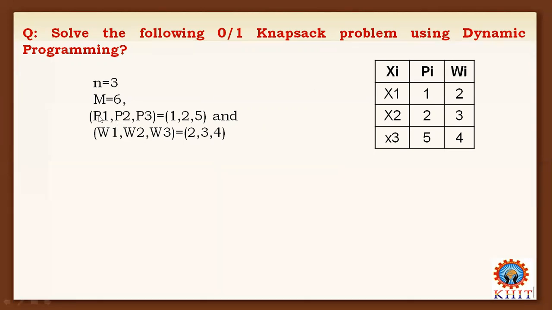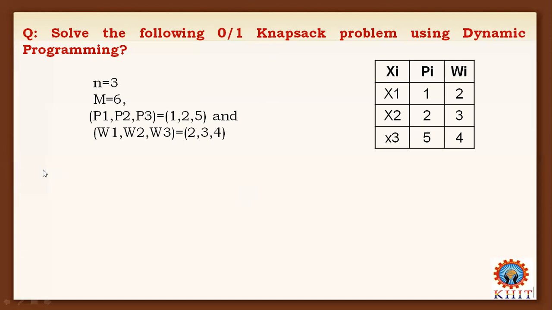P1 stands for the profit you can earn if you place item 1, P2 stands for the profit of item 2, and P3 the profit of item 3, which are given as 1 kg, 2 kg, 5 kg respectively. Whereas W1, W2 and W3 are considered as the weights of item 1, item 2 and item 3 which we selected. So this is the given question.